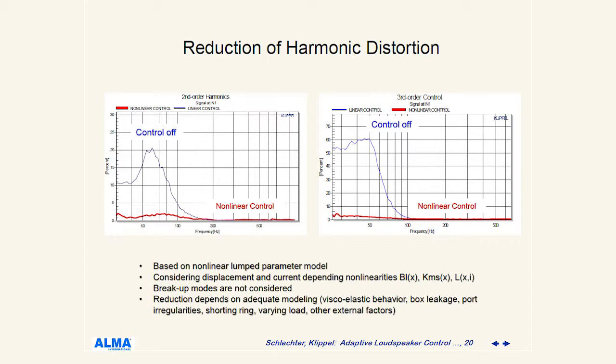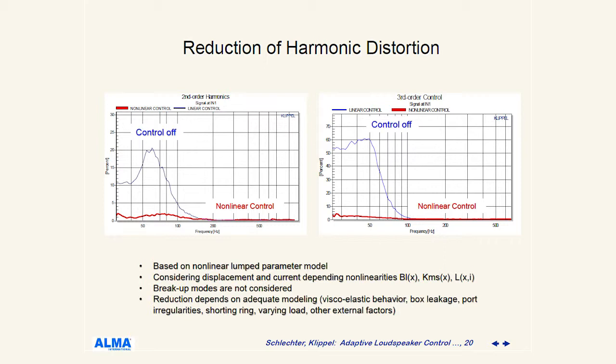Here are some graphs of what we can reach with that. Considering harmonic distortion, if you compare the nonlinear controlled loudspeaker with the one without control, you see the harmonic distortions can be really reduced. Of course, we need accurate parameters for that.